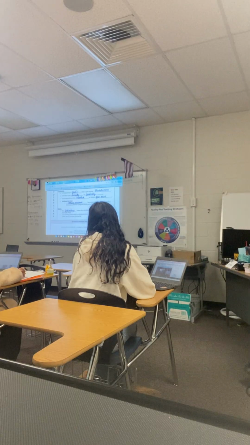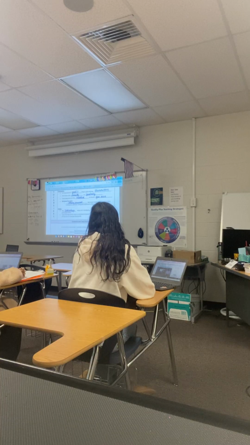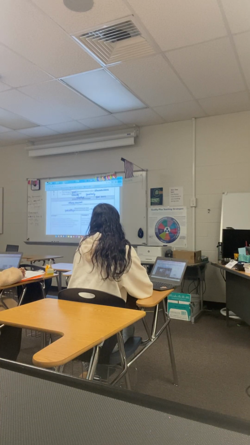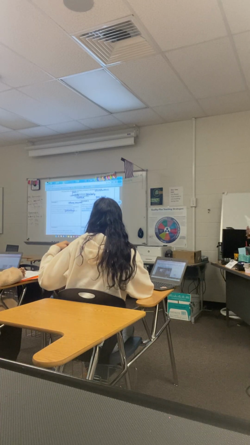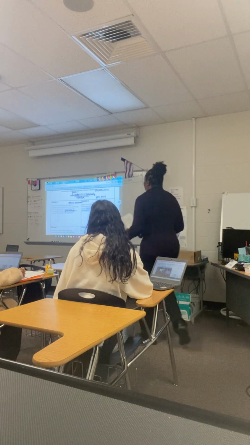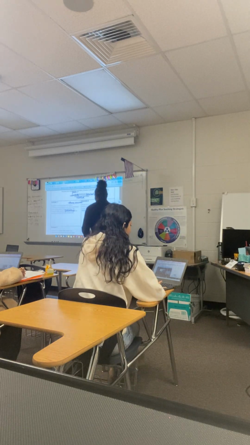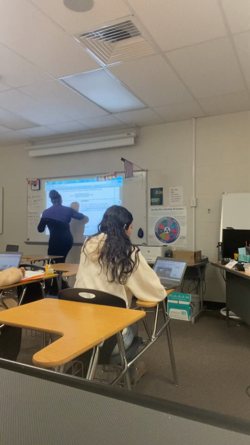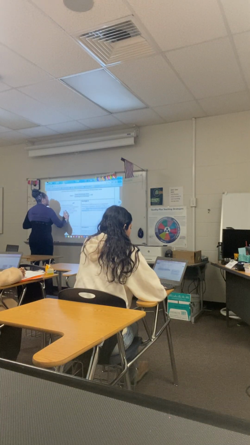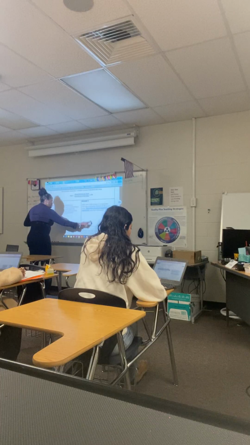So let's go ahead and look at example number 1. Does everybody have this, so I can move up? All right. I'm actually going to model example number 1 of how to do this.